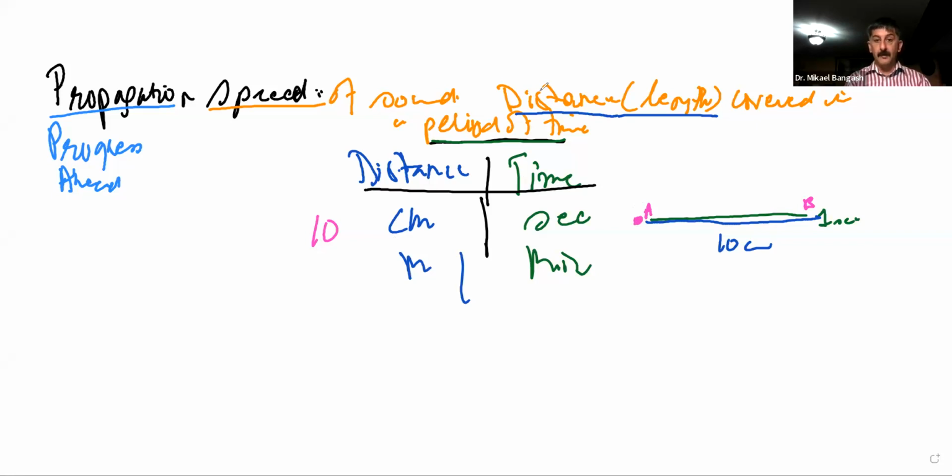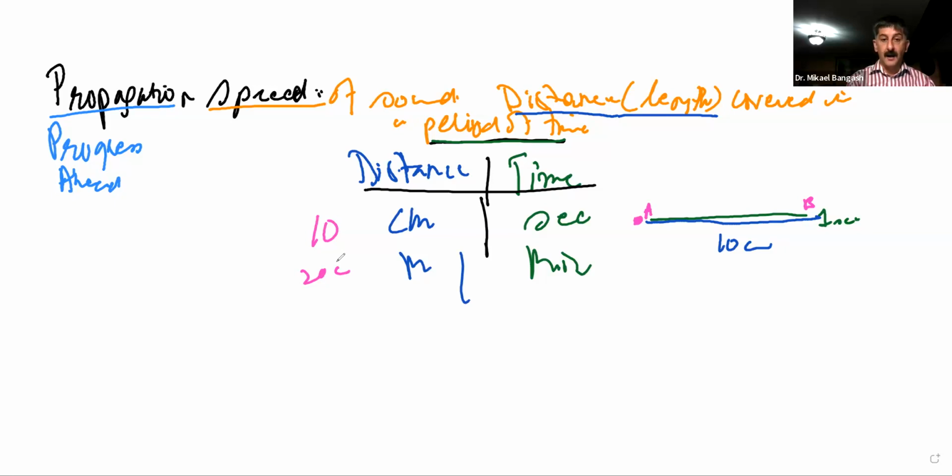In 2 seconds, it will have moved a distance of 20 centimeters. In 3 seconds, it will have moved a distance of 30 centimeters, and so on. Is that clear?